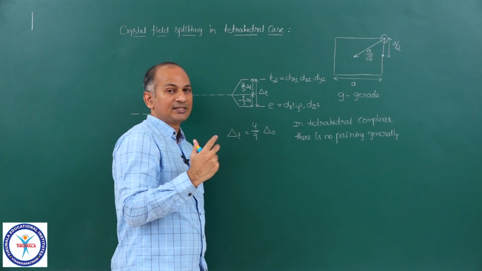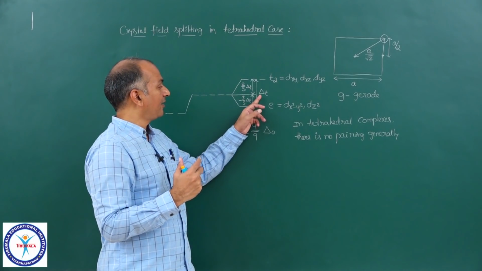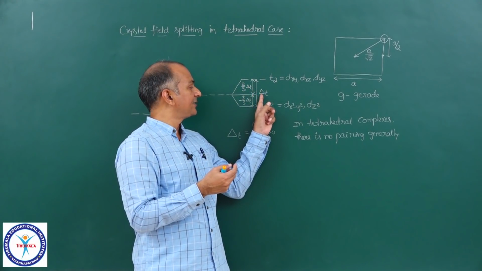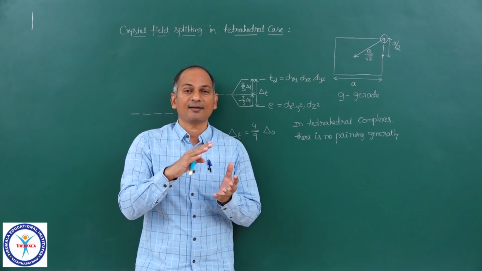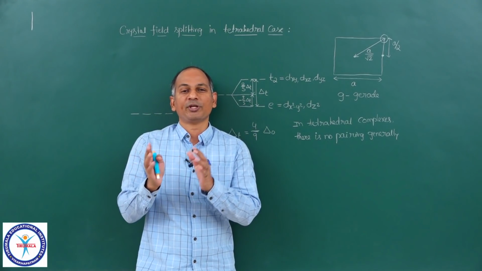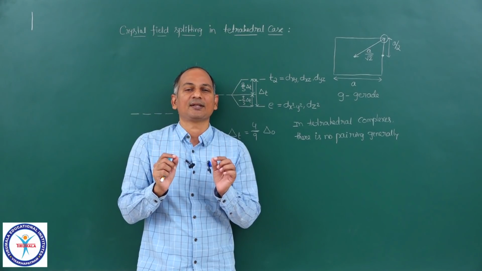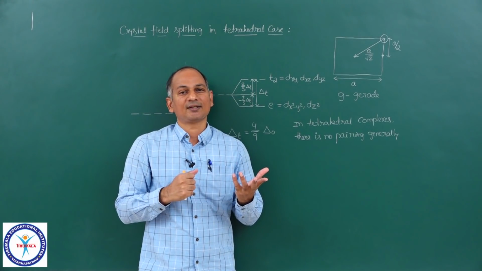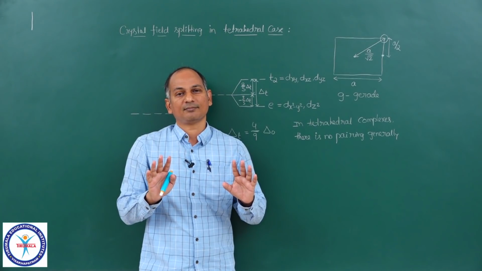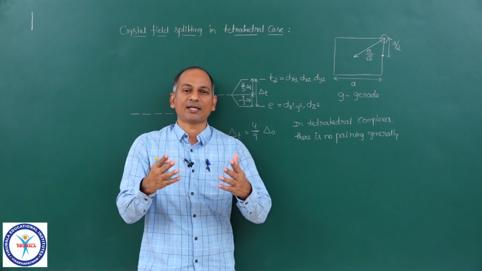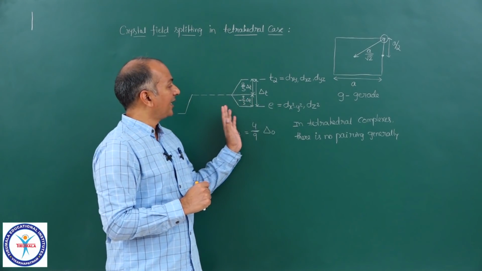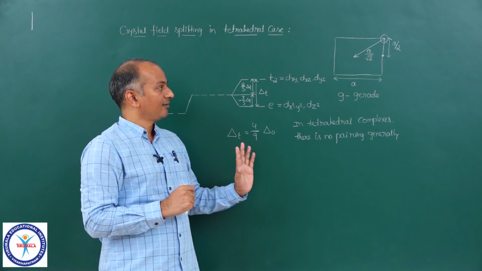When the pairing energy is less than delta, that means the crystal field splitting. But here the crystal field splitting is lesser than in the case of delta O. So in maximum cases it happens that pairing energy is greater than delta T. So as a result electrons do not pair up. But there may be some exceptions to this. So this is the tetrahedral splitting.